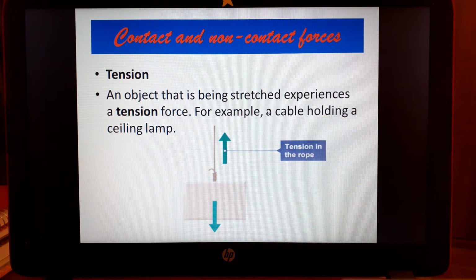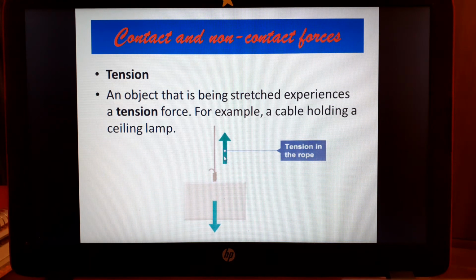You can define tension as one object being stretched by another object in a different direction. Notice this mass is pulling down. The rope resists being pulled down, so the tension has the opposite direction.